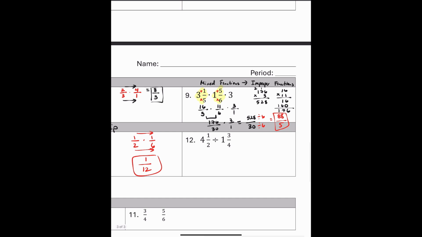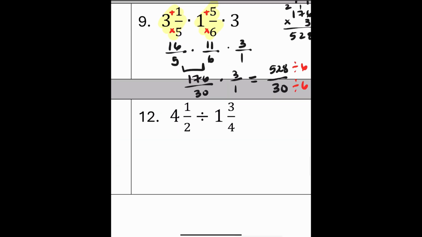All right, number 12, this time we have 4 and 1 over 2 divided by 1 and 3 over 4. So we have two mixed fractions. We've got to convert them into improper fractions. So we're going to use that Texas method that we know and love, right? So plus multiplication. It goes like this. 2 times 4, which is 8, plus 1, that's 9.